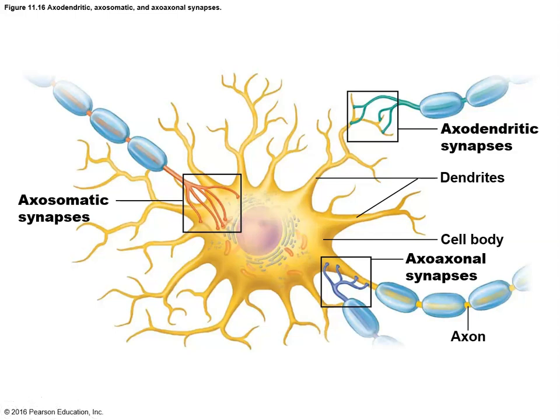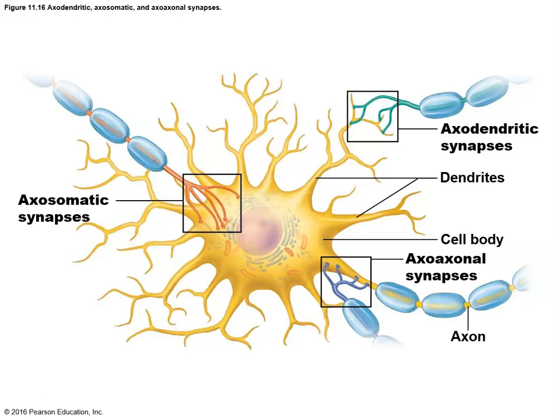So take a moment and think about these three different types of synapses. Which would provide the fastest nerve signal transmission? Remember, axodendritic has to go through the dendrite, through the cell body, then through the axon and out.